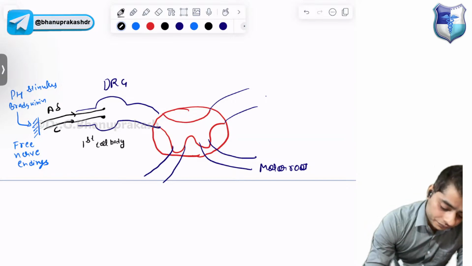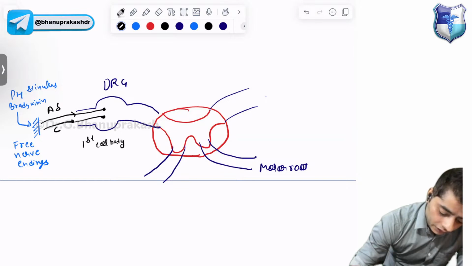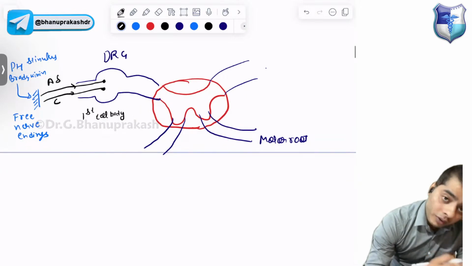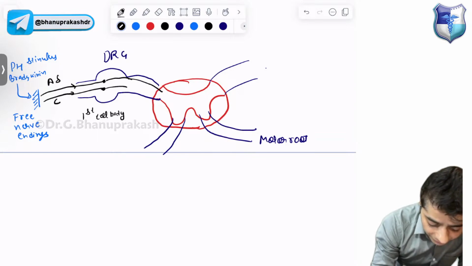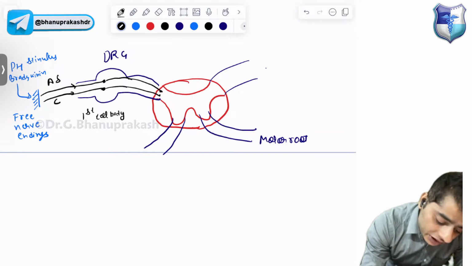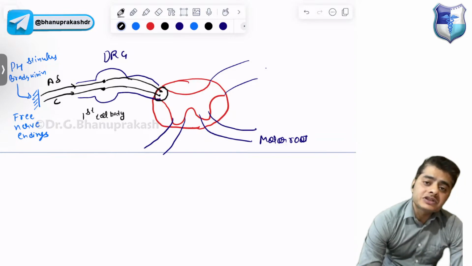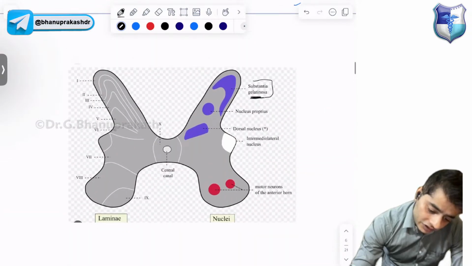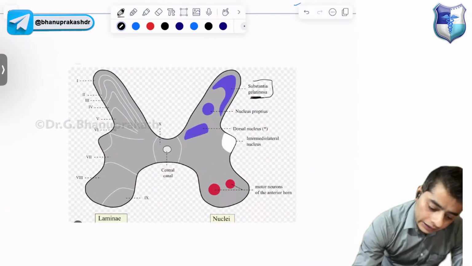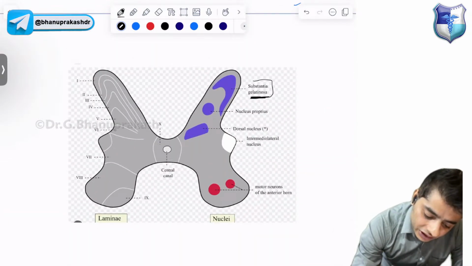Now, from the DRG, further fibers arise and they will terminate in this spinal cord area. This special area in the spinal cord is known as the substantia gelatinosa. Now, see this diagram. You are seeing the spinal cord. This is the special area which is known as the substantia gelatinosa.